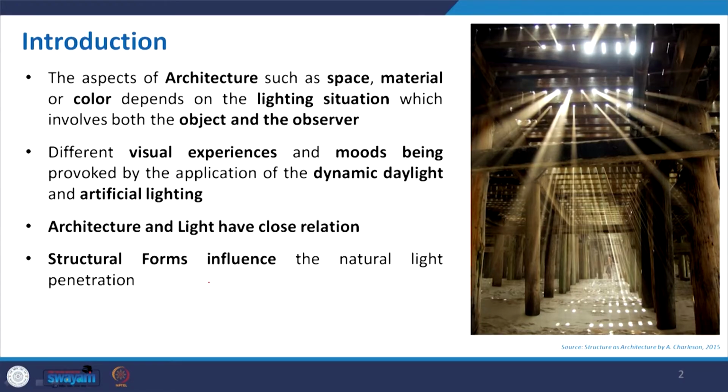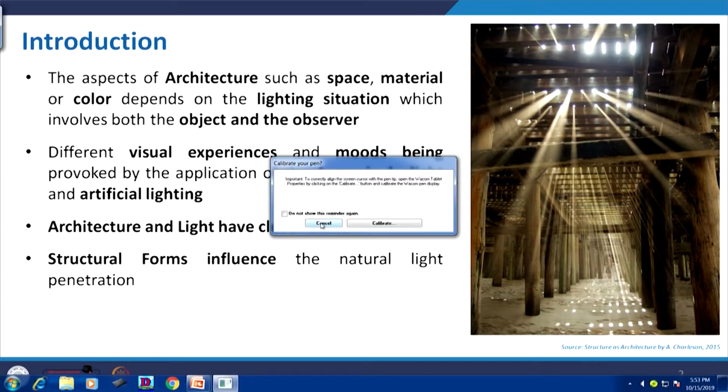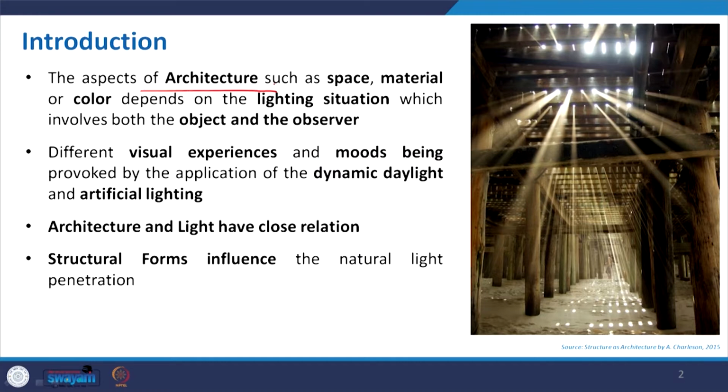At the beginning, if we recap what architecture is, many definitions come into the picture. It is the articulation of space; sometimes it can be represented by texture, different components of design, color, shape and space. Here, what is written in this slide is that aspects of architecture, such as space, material and color, depend on the lighting situation. This is obviously true and we all accept that.